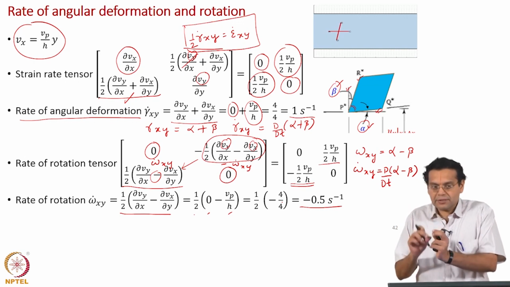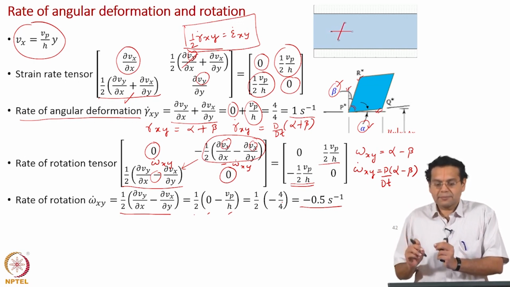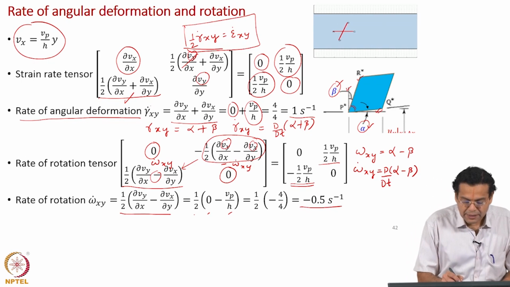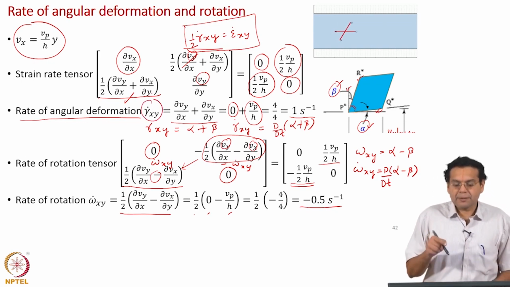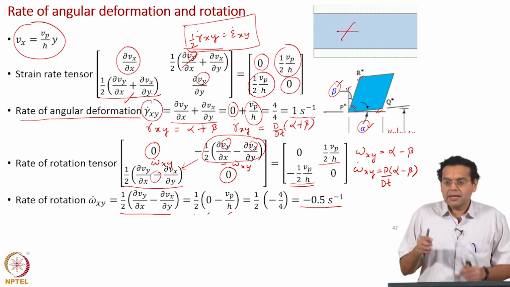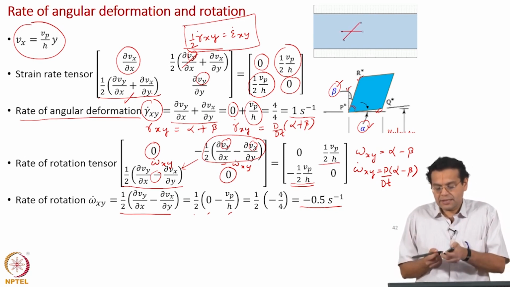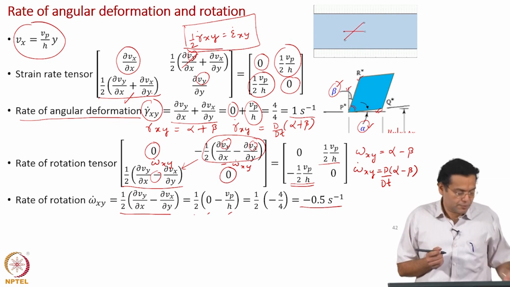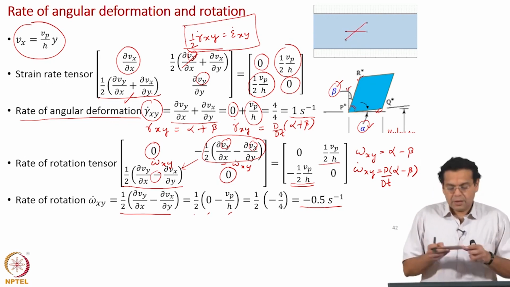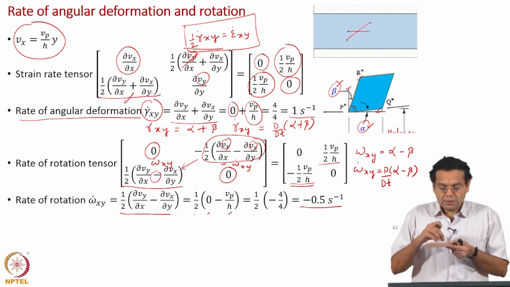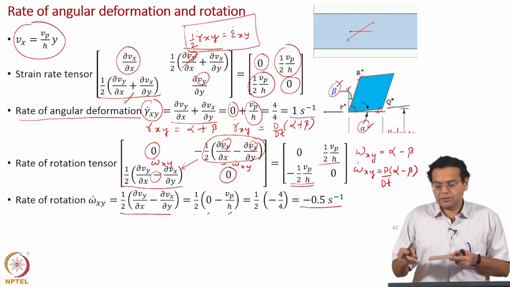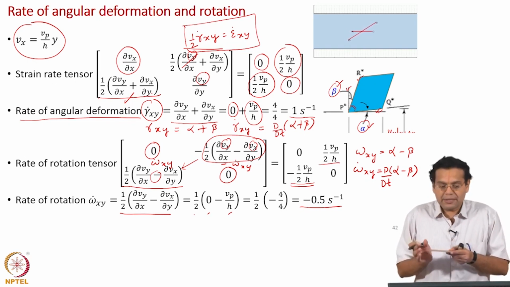Once again start with lines which are perpendicular to each other, because we are always talking about gamma dot xy, which represents the rate of angular deformation for lines which are along x and y axis. So, at every instant you are always considering two perpendicular lines and what is happening to the angle between them, that is what we have seen, the rate at which they come together.